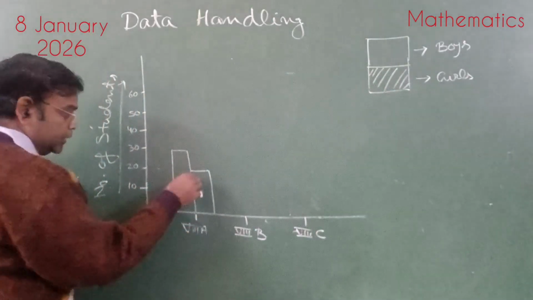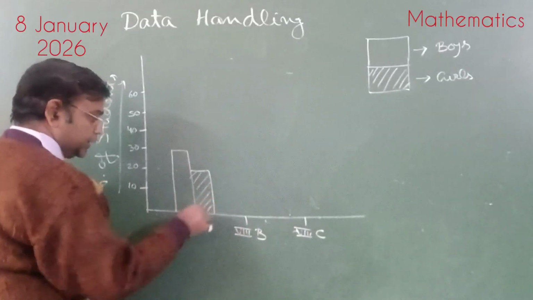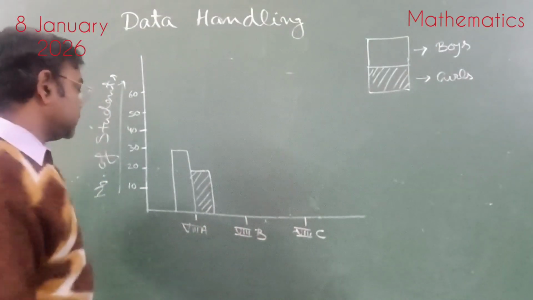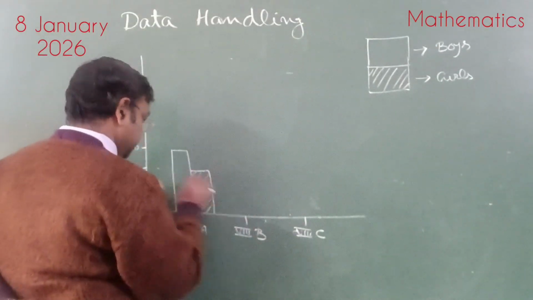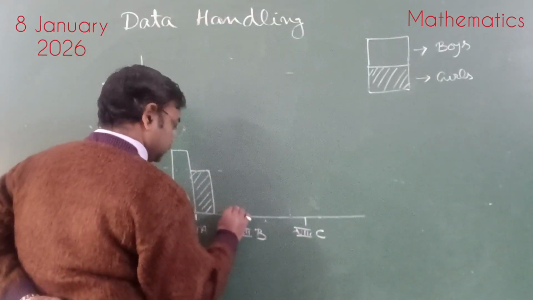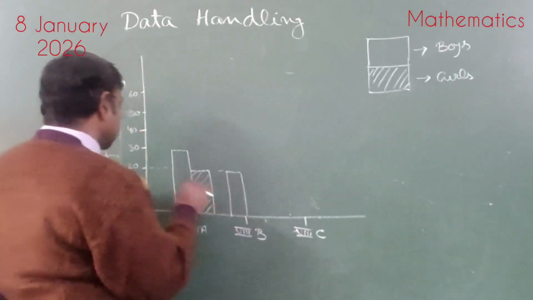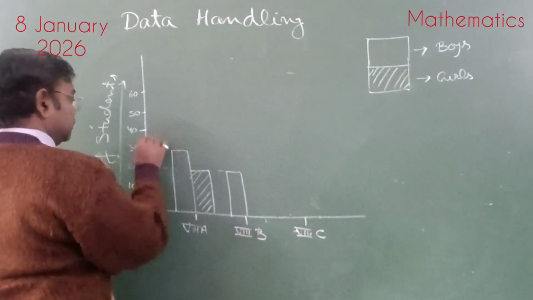In 8B, suppose the number of boys is less, it's 20, and girls are more, it's 35.